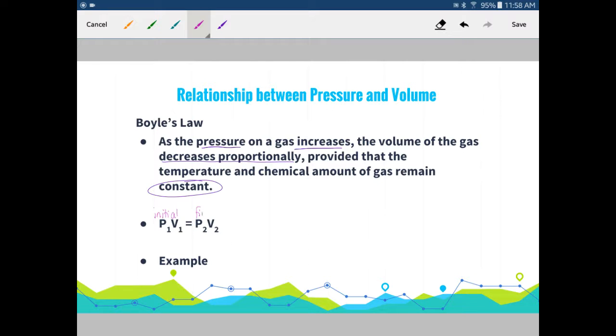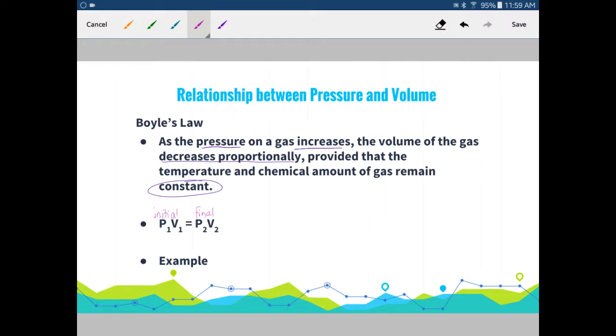As long as we have our final conditions matching up and our initial conditions matching up, it doesn't matter if we put our final on our left side or our right side. All that matters is that our pressure and volume match up in a pair. I still like to put my initial conditions on the left and my final conditions on the right.